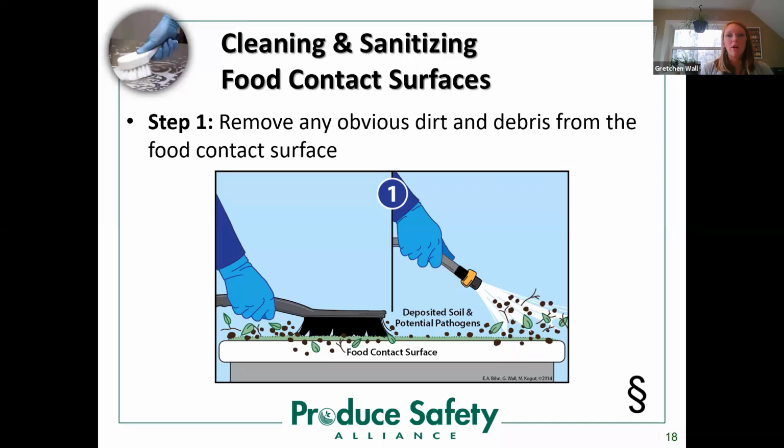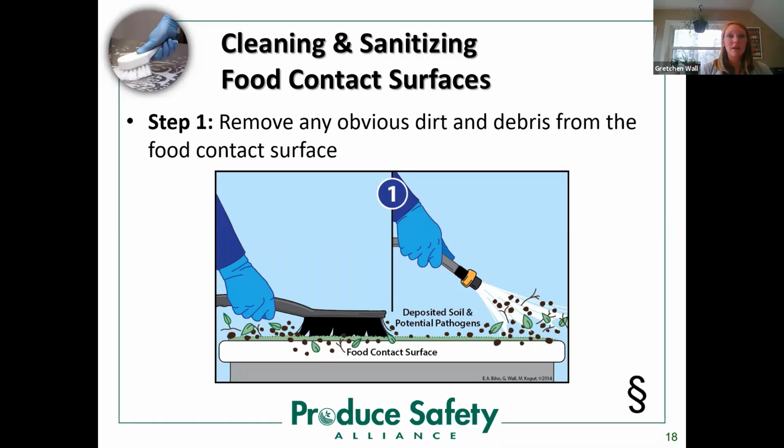Another thing to point out is this person that's spraying with the hose. One thing that often doesn't get talked about, but growers sometimes like to think is a great practice, is to just get out the pressure washer. I'm just going to blast that stuff right off of there and it'll look good as new.